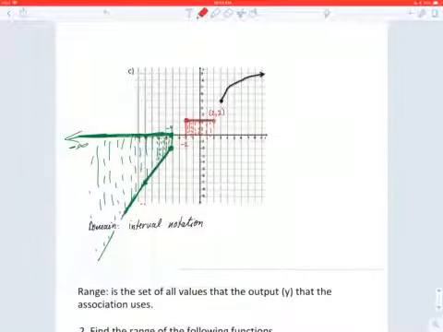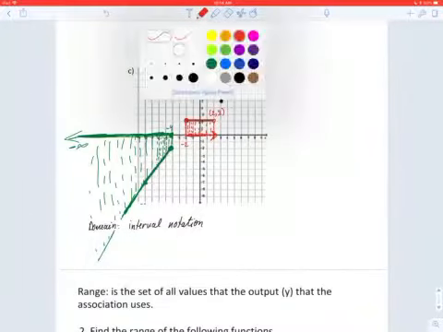This point has the coordinates 2, 2. But since it's an open dot, it means that I'm not including the 2. So the 2 will have an open dot or an open parenthesis here. So I'm taking all the values between -2 and 2, excluding number 2.